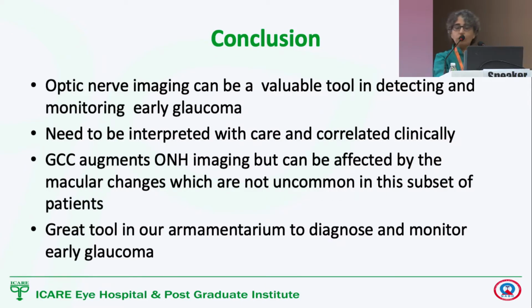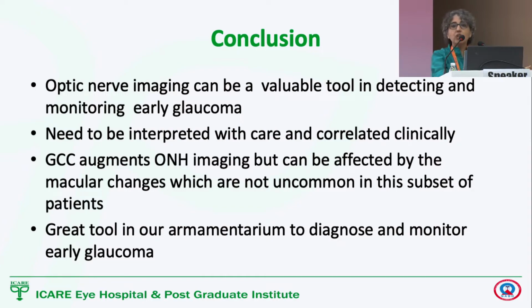So to conclude my talk, the optic nerve imaging can be a valuable tool in detecting and monitoring early glaucoma. It needs to be interpreted with care and correlated clinically. And I've tried to showcase as much as I could as to where you should not make mistakes to miss things. The GCC definitely augments your optic nerve head imaging findings, but can be affected by macular changes.